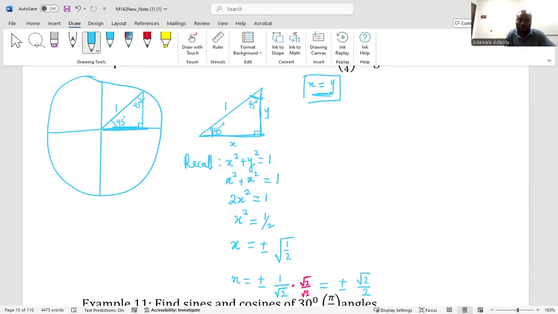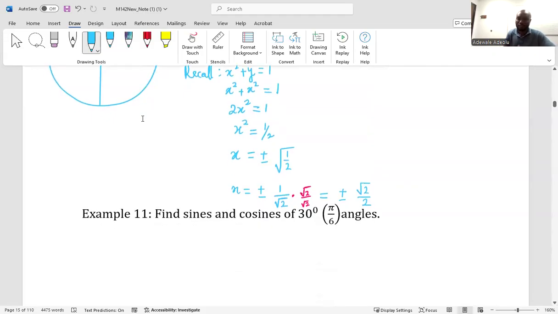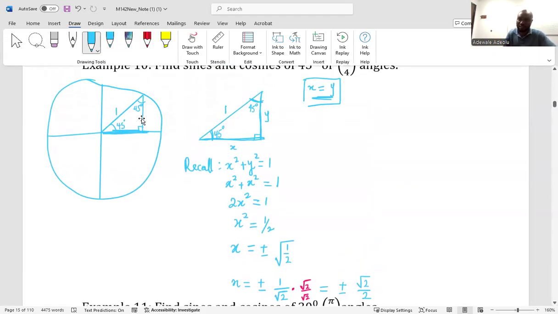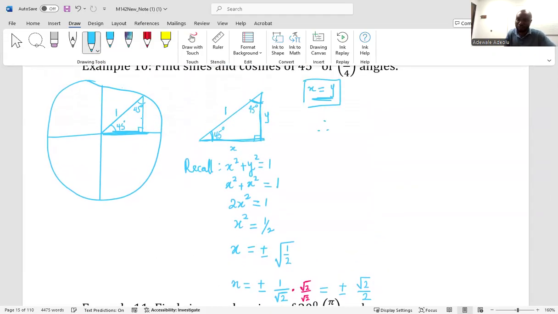So we can conclude that x equals square root of 2 over 2. And remember that x equals the cosine of the angle, in this case 45 degrees or pi over 4, which is root 2 over 2. That is the cosine of 45 degrees.